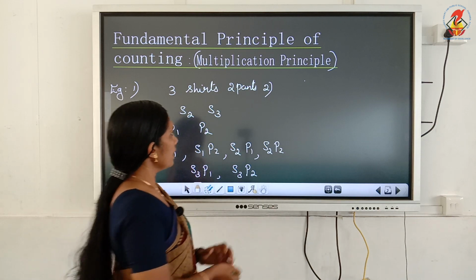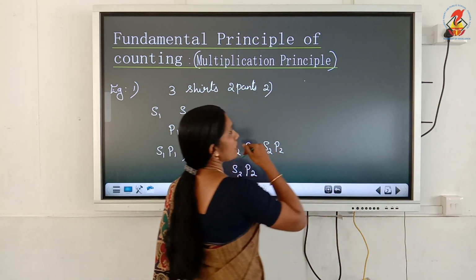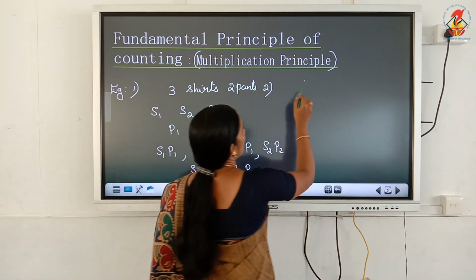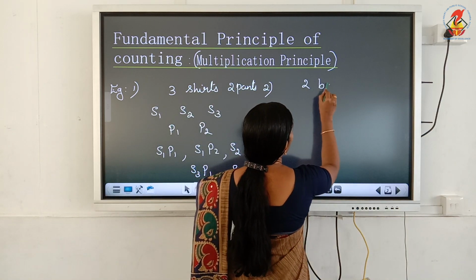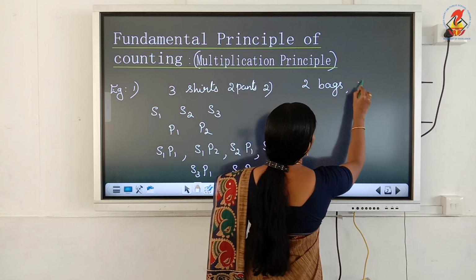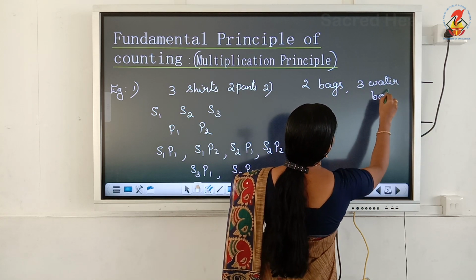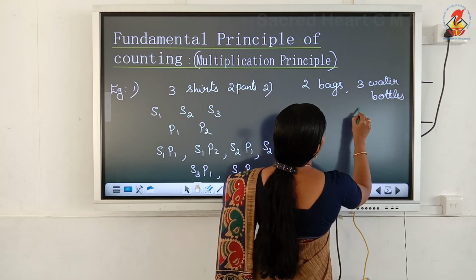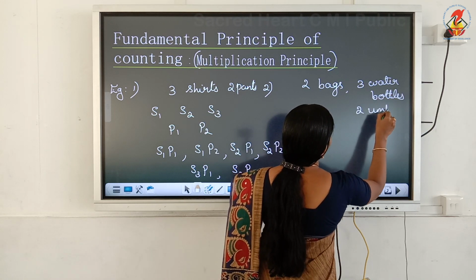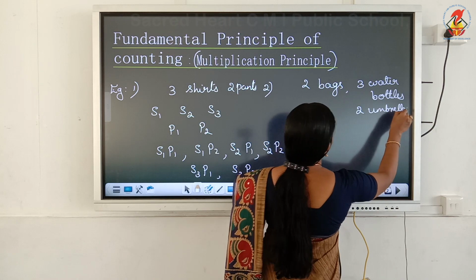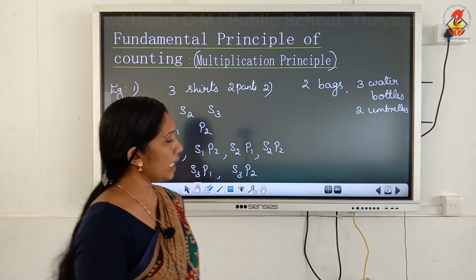Okay. Now consider another example. Suppose a girl has 2 bags, 3 water bottles and 2 umbrellas. So bag, water bottle and umbrella.